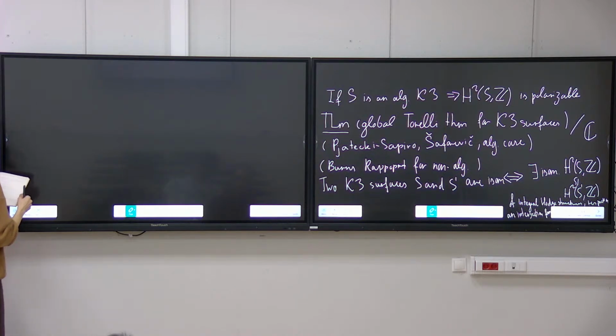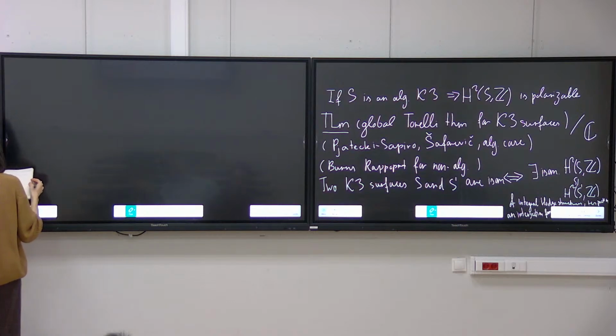Okay, so to formulate a derived global Torelli theorem, I need to define the transcendental lattice.